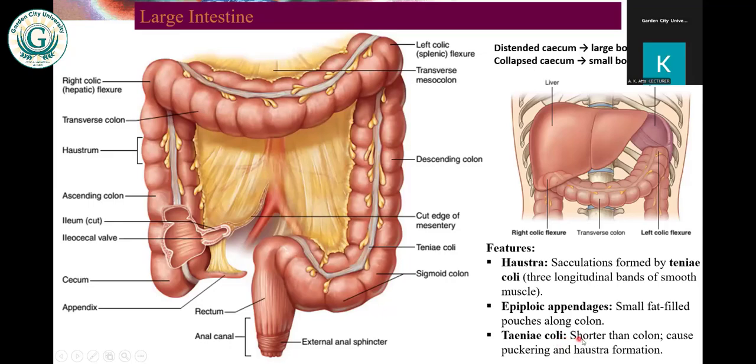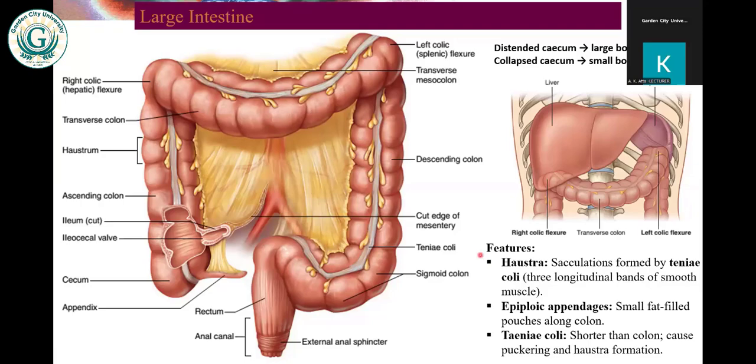Now, because the taenia coli, these longitudinal bands, are shorter than the colon, when they contract, they give these outpouchings. So these outpouchings are formed by the taenia coli, three longitudinal bands of smooth muscle. These outpouchings or sacculations formed by the taenia coli are what we refer to as haustra, or haustrum.